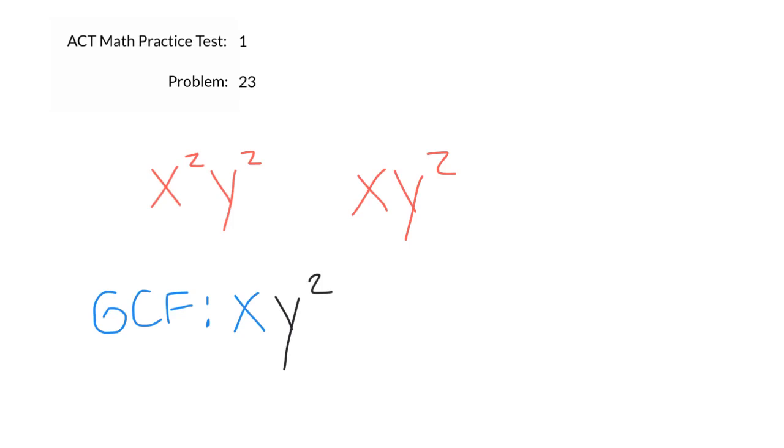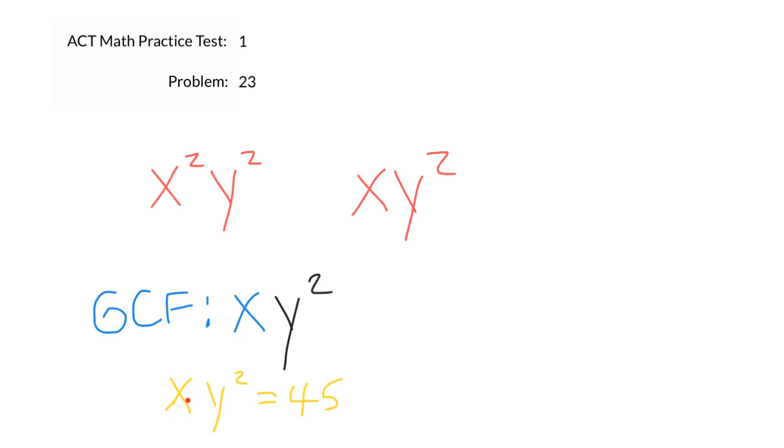Now, apparently, the GCF is equal to 45, right? Okay. Apparently, this is true, according to the problem. And that means that there's some number times a perfect square, because y squared is a perfect square, equals 45.